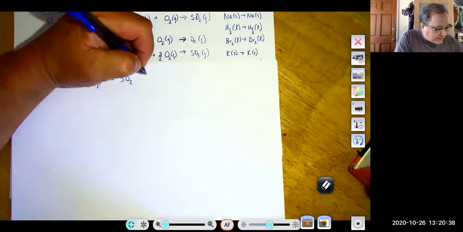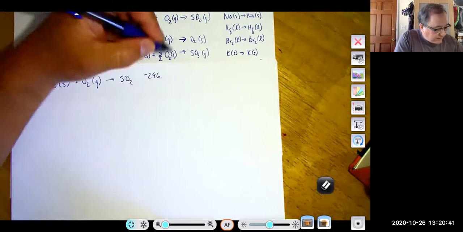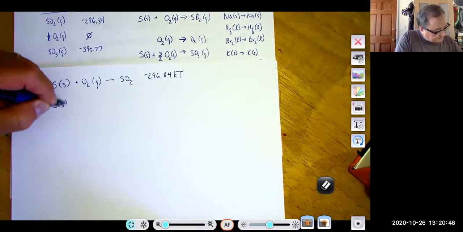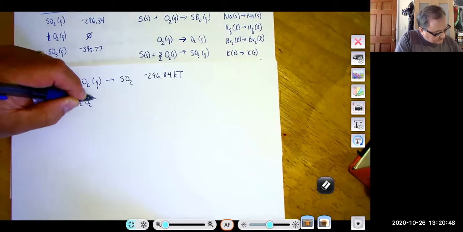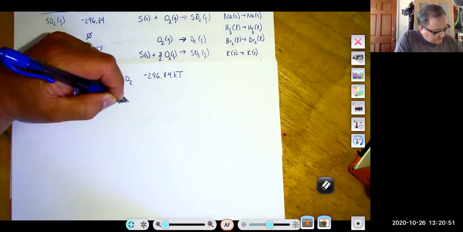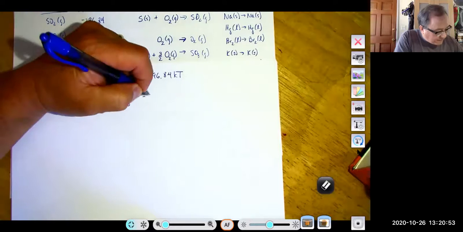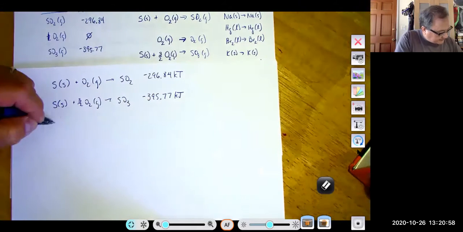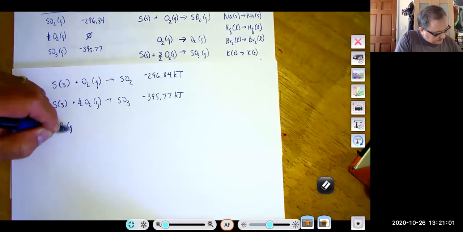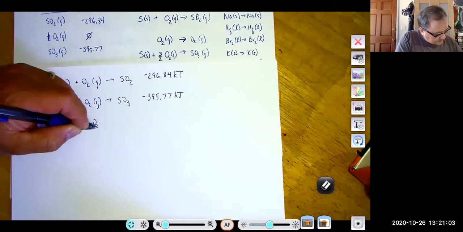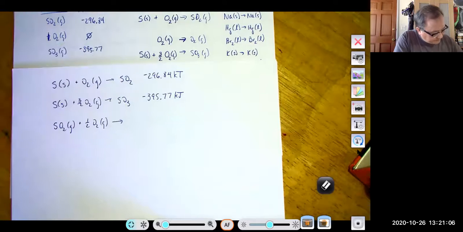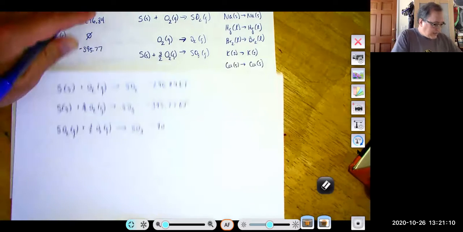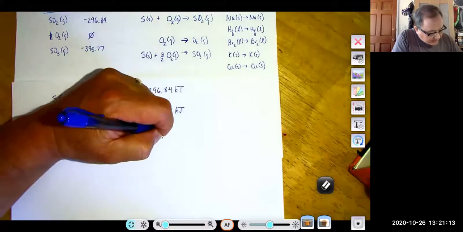This is minus 296.84 kilojoules, this is minus 395.77 kilojoules, and we just discovered this is minus 98.93 kilojoules.